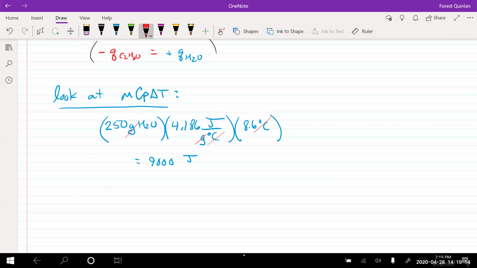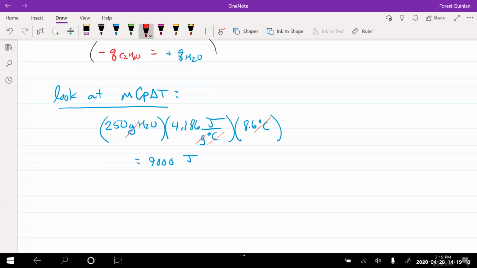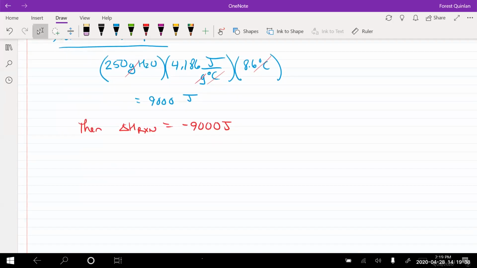Which means if that's the case, then the delta H of the reaction is negative 9,000 joules. Okay?